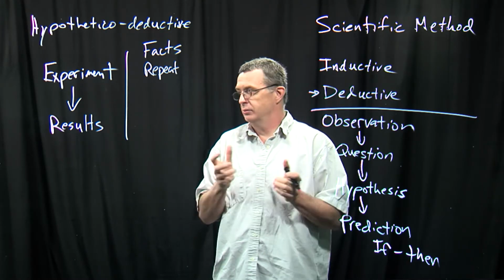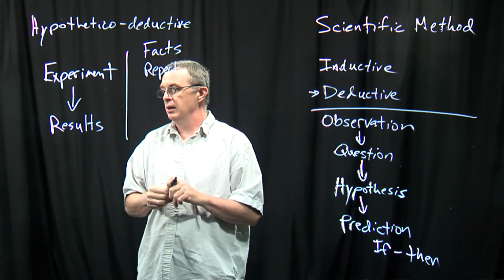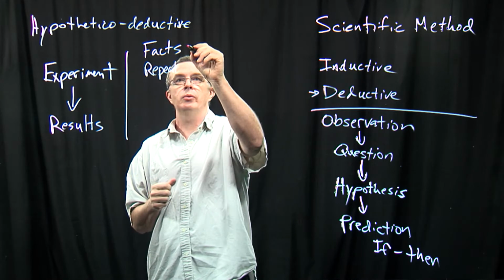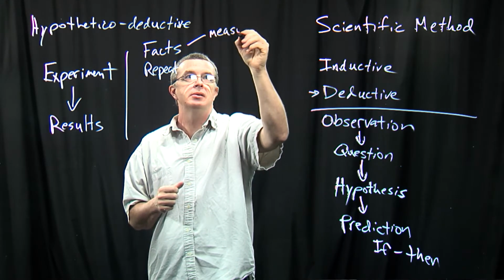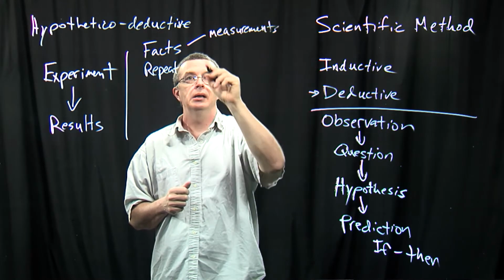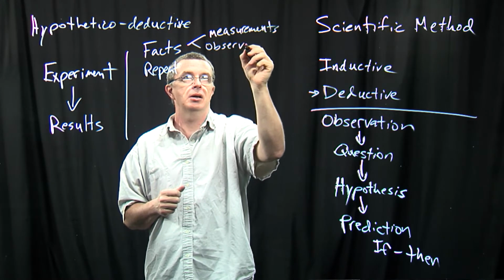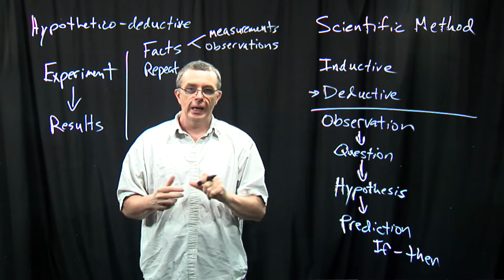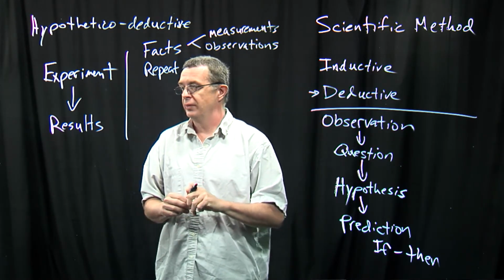That's a way of thinking about the world, but it's not a scientific way of thinking about the world. So what do we mean by facts? We can have measurements and observations that other individuals can do and will come up with the same sorts of results that we do.